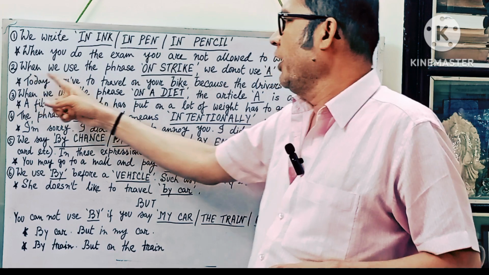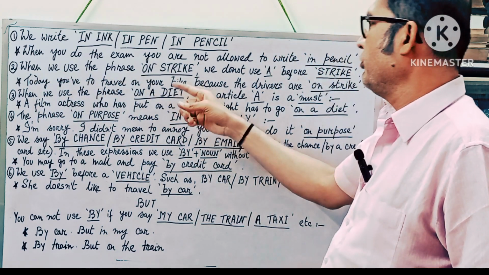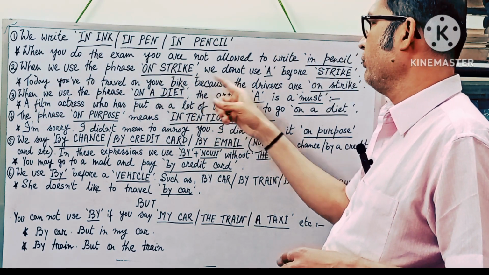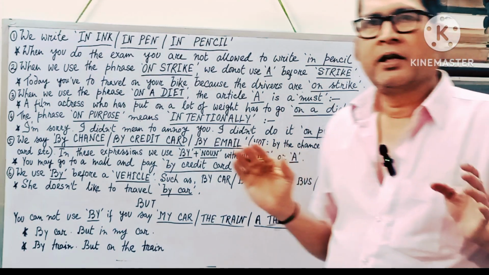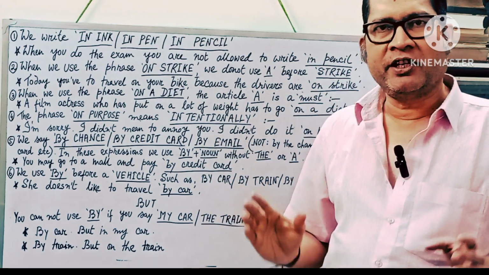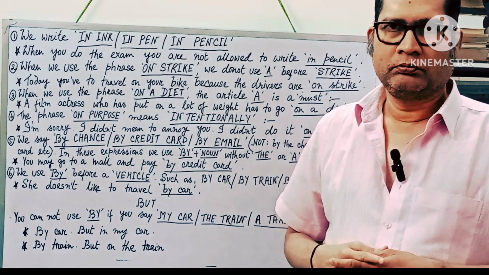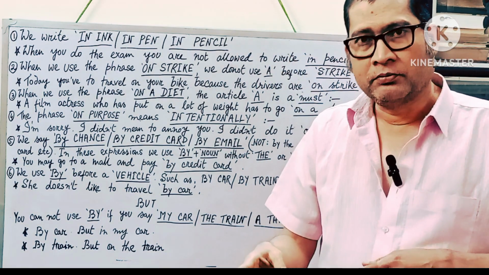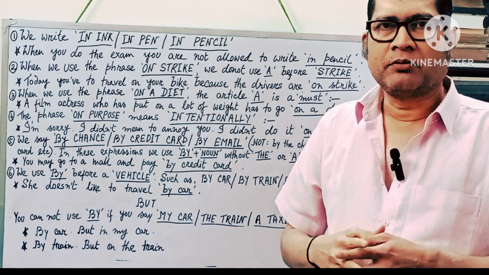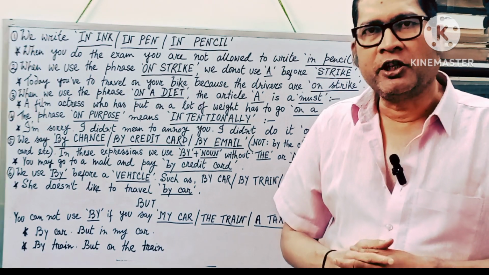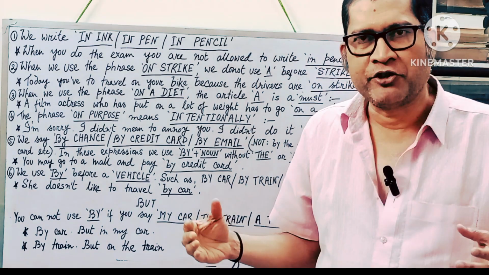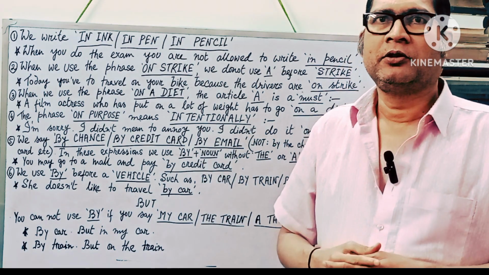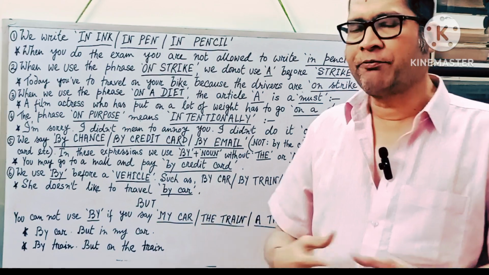Number two, when we use the phrase on strike, we do not use a before strike. It is true that strike is a countable common noun, but still, before this countable common noun, you cannot use a when you are using the phrase on strike. We are not allowed to tamper with any phrase.